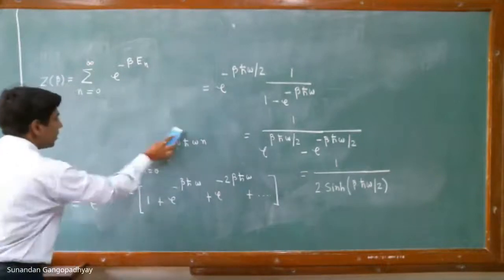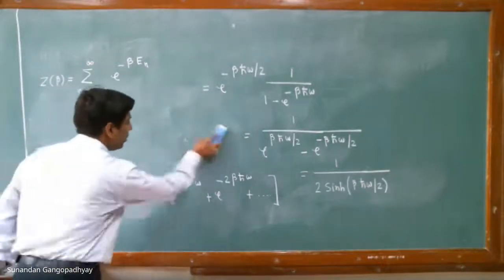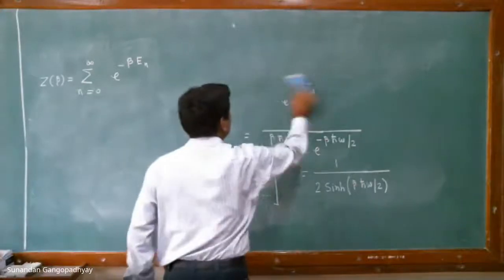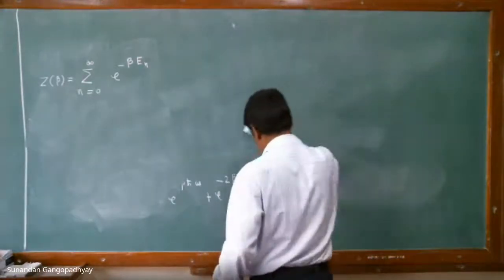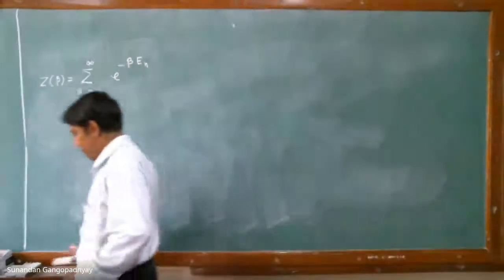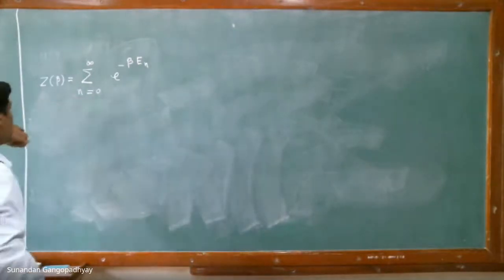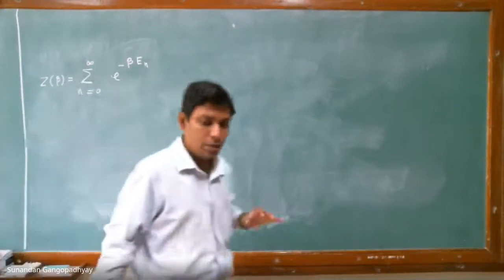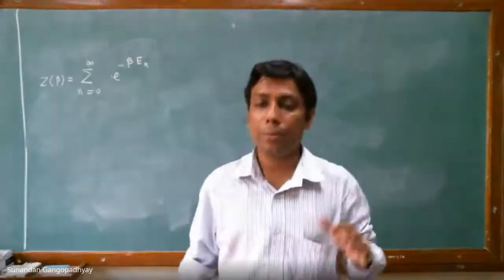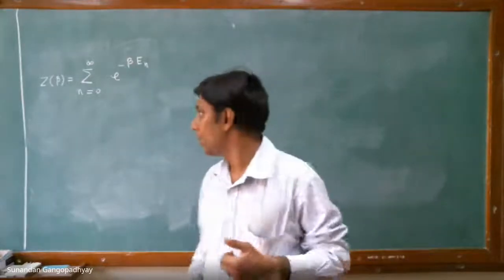Because we have developed a formula for the partition function in terms of a Euclidean path integral. But what we shall do is use a result that I shall prove in the subsequent lectures.